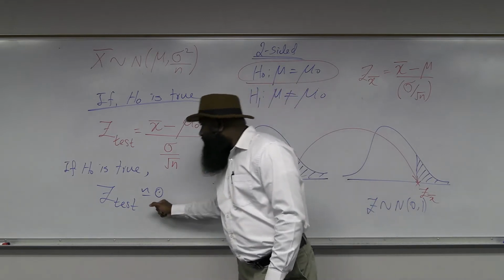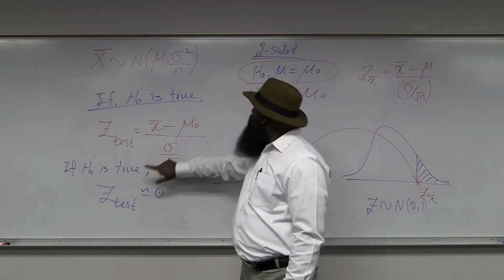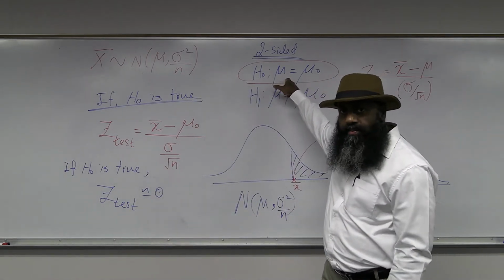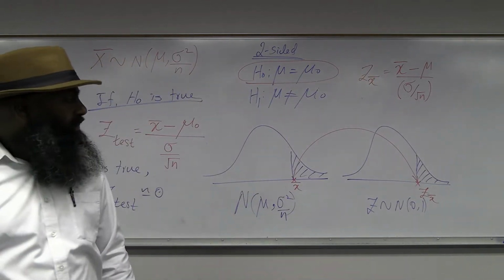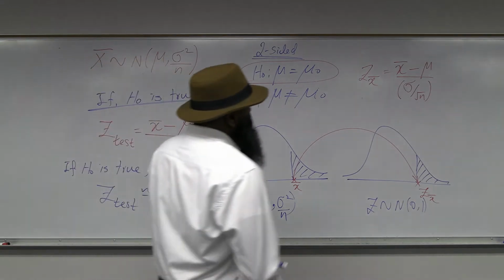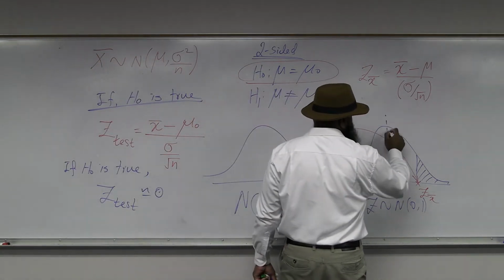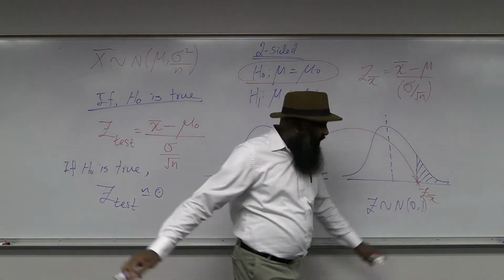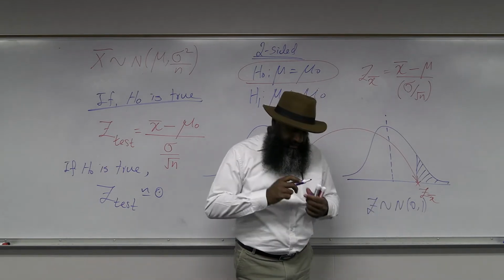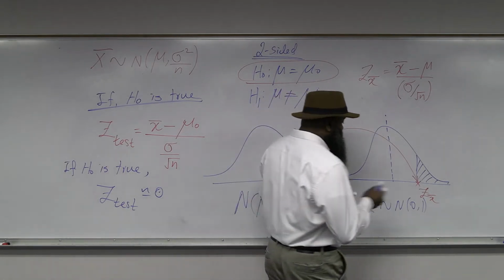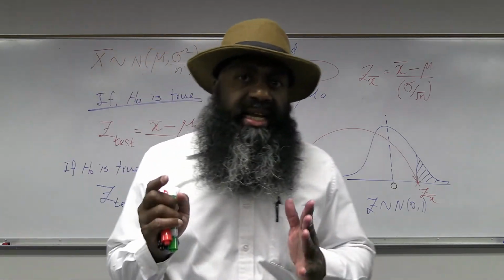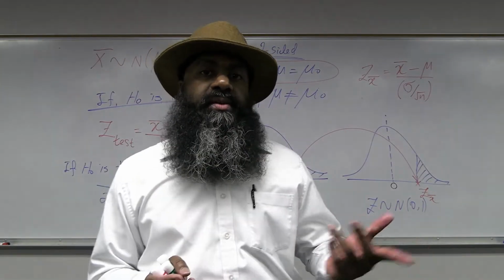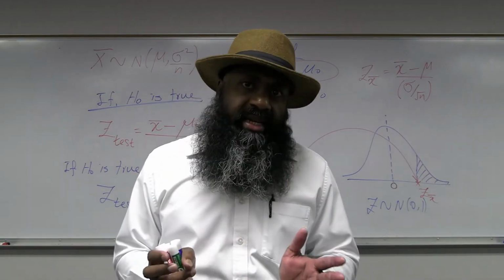So it will be approximately equal to 0 if our null hypothesis is true. That means, here's the standard normal distribution, which is symmetric around 0. So how do you determine if our Z test statistic is approximately equal to 0? That's the next challenge.